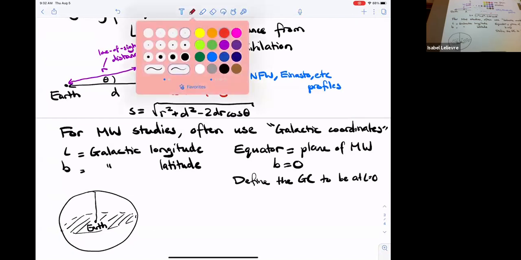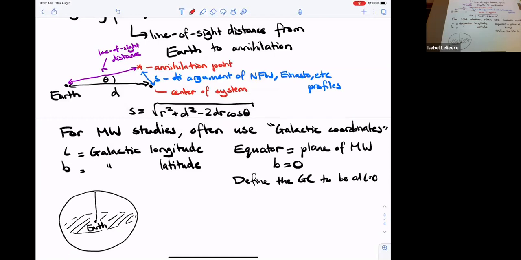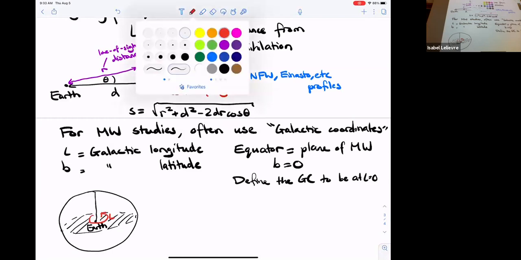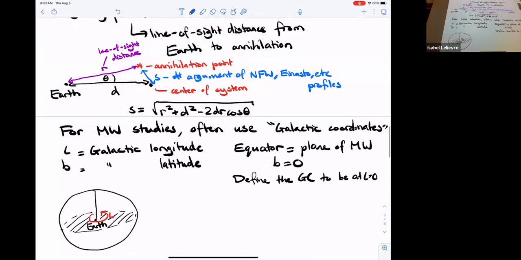Then L is like the phi coordinate; L tells us about the angle around the sky, and if we have a point up here, B tells us about the angle above the equator. If you're used to theta and phi coordinates, where theta is the angle from the North Pole and phi is the angle that goes around in the circle, B is like pi over 2 minus theta.